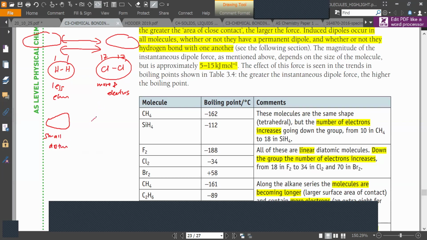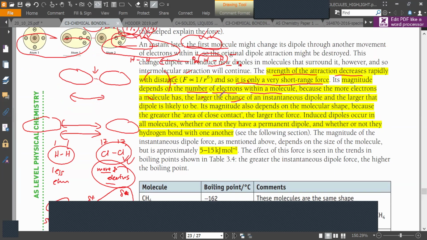But for chlorine it can be a large distortion, because it has more electrons, so the delta is stronger. With more electrons, the instantaneous dipole will be stronger, there's a larger chance of an instantaneous dipole, and the larger the dipole is likely to be.